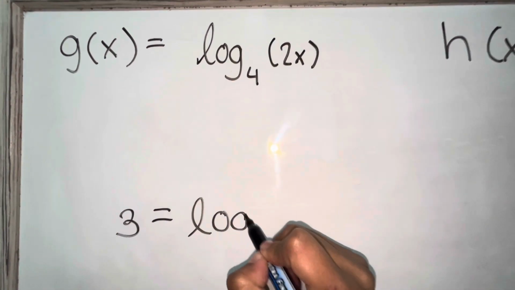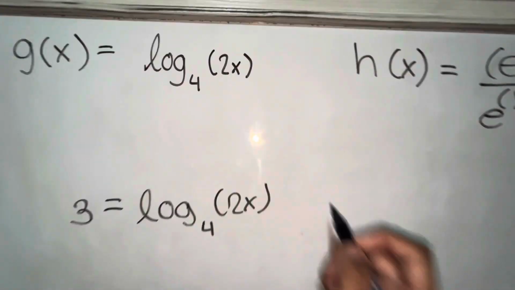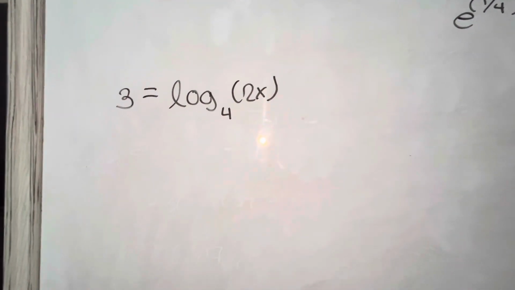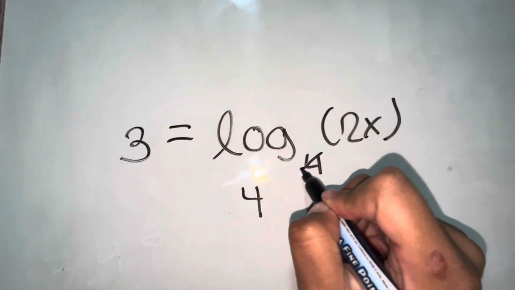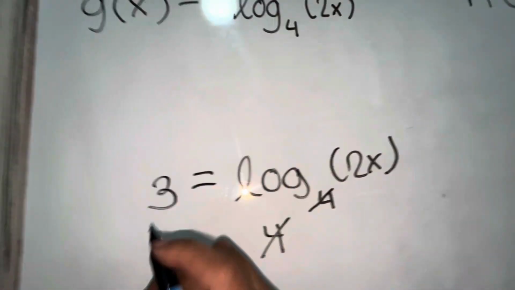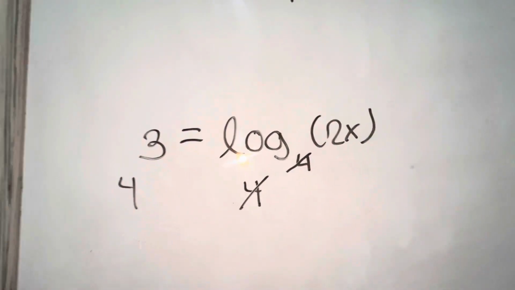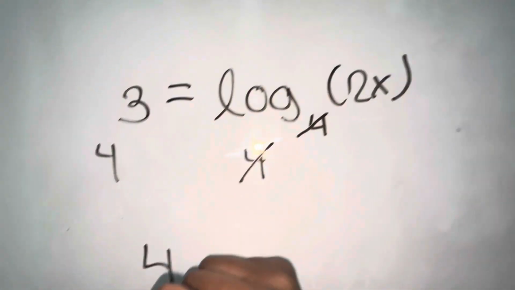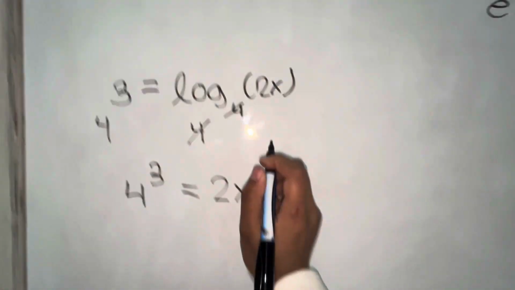We equate it to log base 4 of 2x. The next thing I would do is to try to cancel out the log. So I would do that by putting 4 over here, which cancels this 4 out, and then put 4 over here. So then we'll leave it as 4 to the power 3 equals 2x.